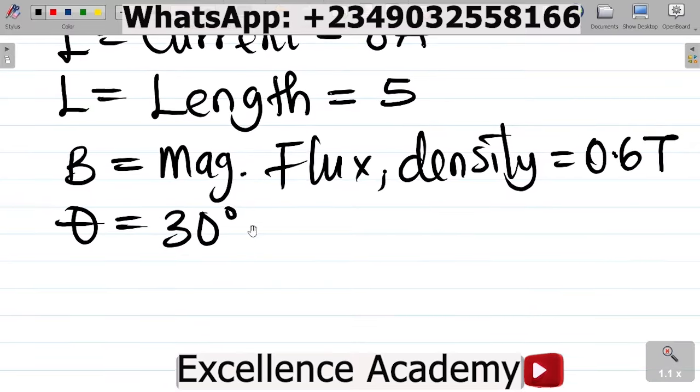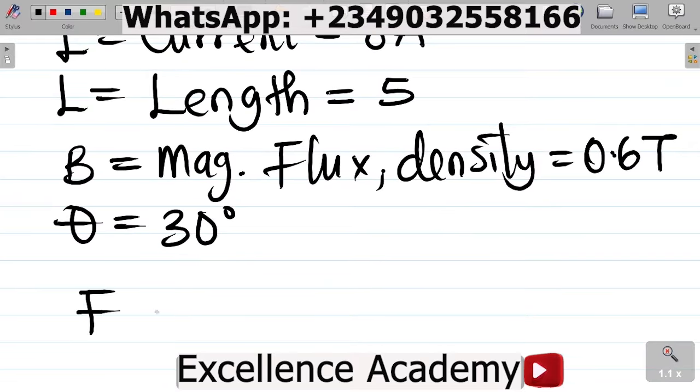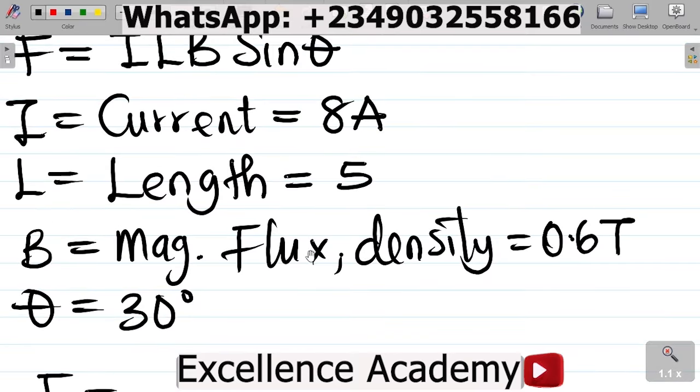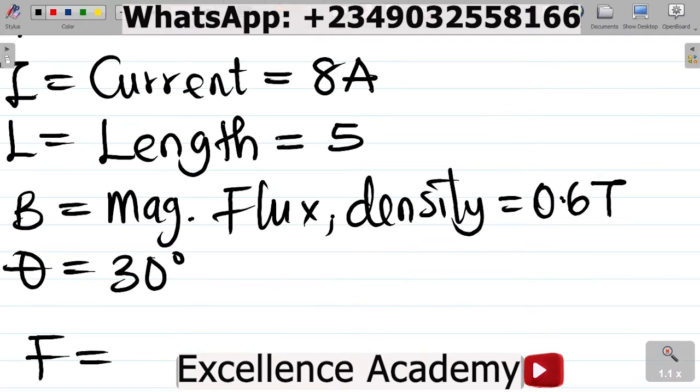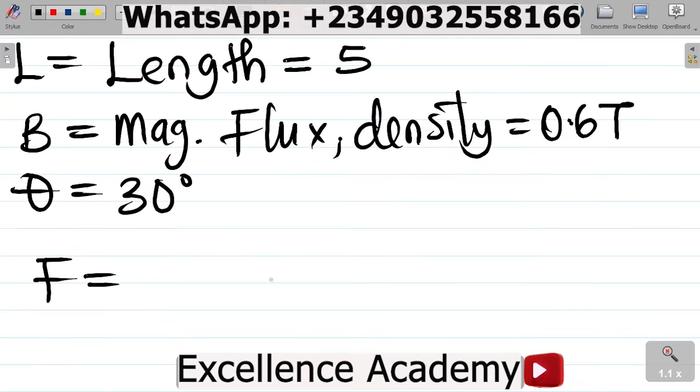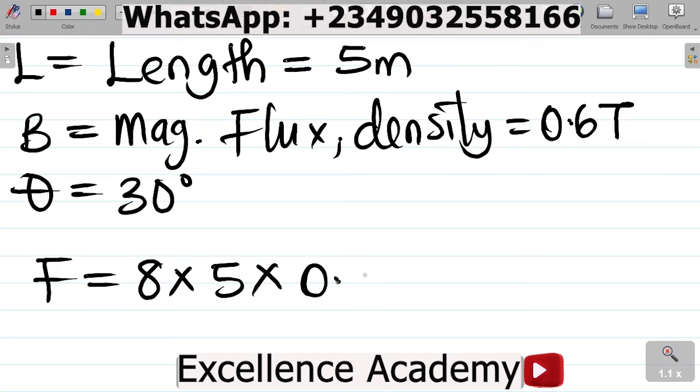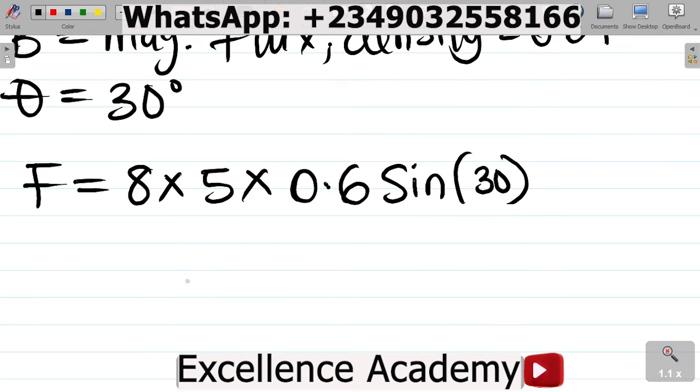Let's use the values here. From here, the force F will be equal to I, 8, times L, 5, times 0.6, this is in meters, then sine of the angle, which is 30. So F is equal to, let's multiply this.